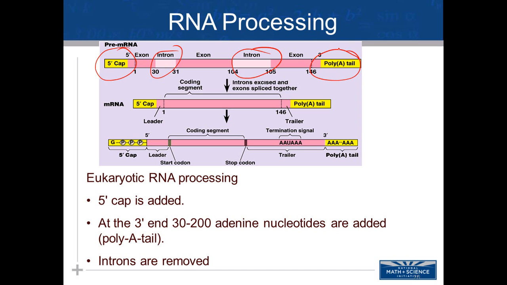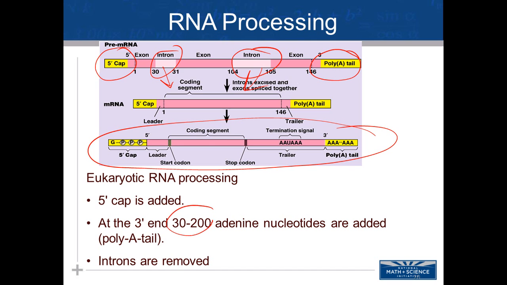Once you remove those introns, what's remaining are the exons, and now you have a mature messenger RNA. The poly A tail can be 200 to 300 adenines long, and the 5' cap varies from messenger RNA to messenger RNA. And it is thought that the messenger RNA needs that cap in order to be able to move through the nuclear pore of the nucleus.